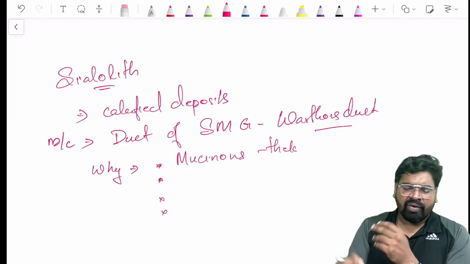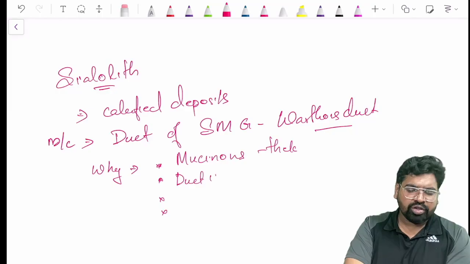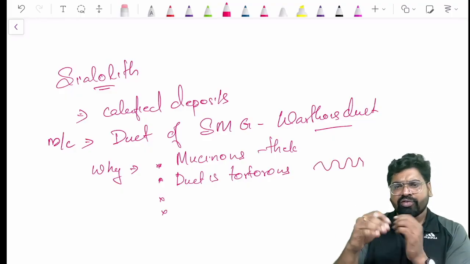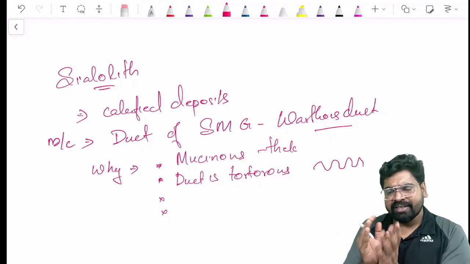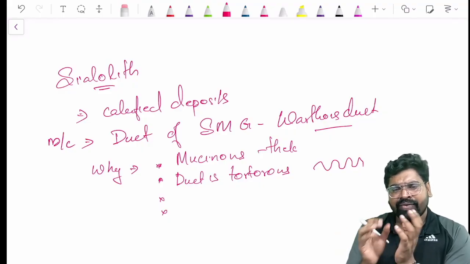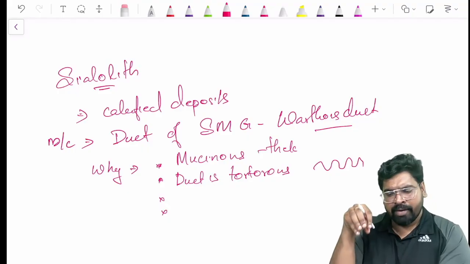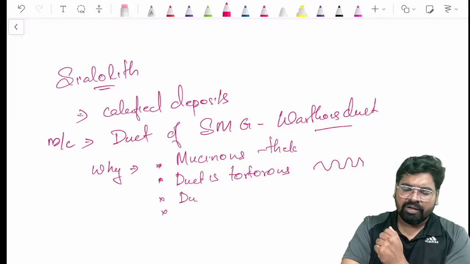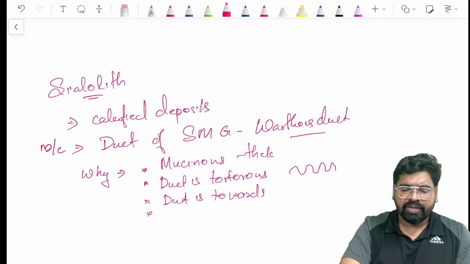and gets calcified. Okay, the duct is tortuous. Tortuous means the duct is not straight, it is wavy, so that there are so many stops in between, and this can act as a bend where the mucin can pool and get calcified. And the duct has an upward course.